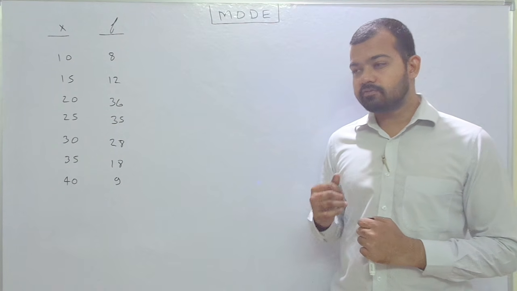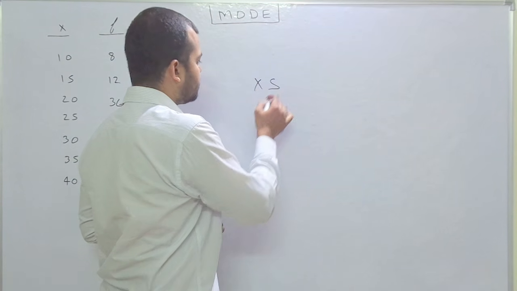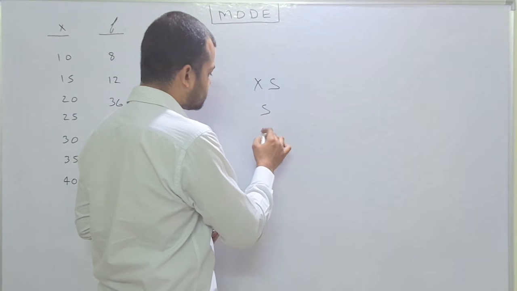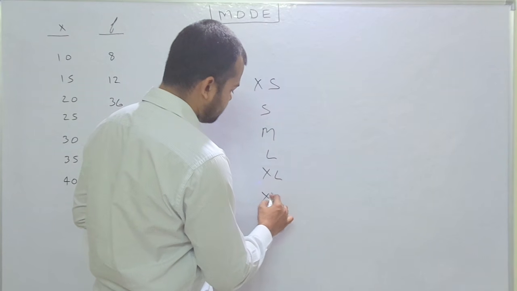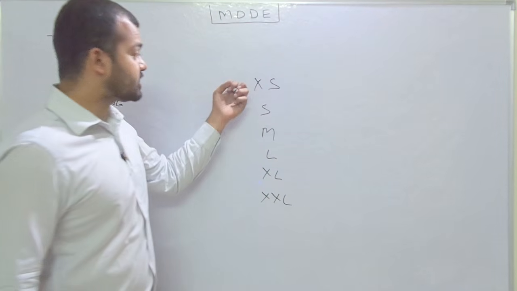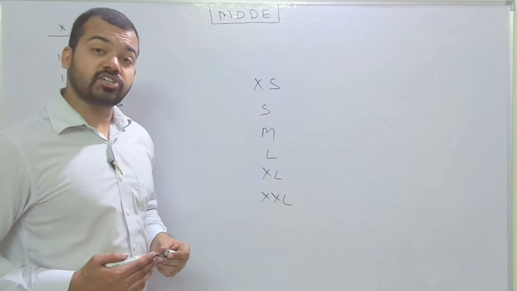Let's see one example. In the last video we saw the sizes of shirts: extra small, small, medium, large, extra large and double extra large.